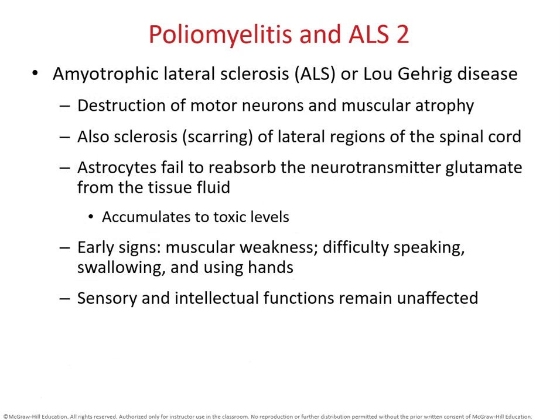Lou Gehrig's disease is more properly named amyotrophic lateral sclerosis. This is also caused by destruction of motor neurons and leads to atrophy of the affected muscles. Sclerosis here means scarring. When we have scarring in regions of the spinal cord, the astrocytes are unable to reabsorb a specific neurotransmitter called glutamate, so we have a buildup of toxic levels of glutamate in the spinal cord and the surrounding tissues.